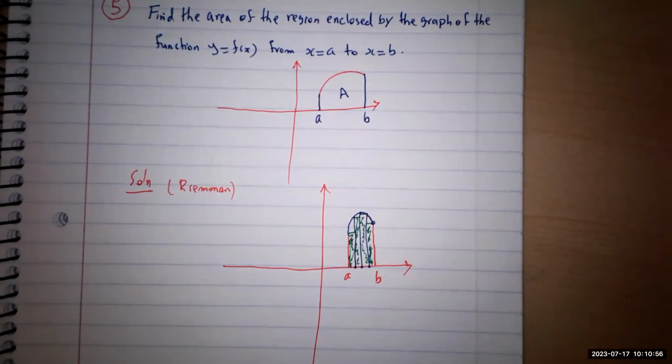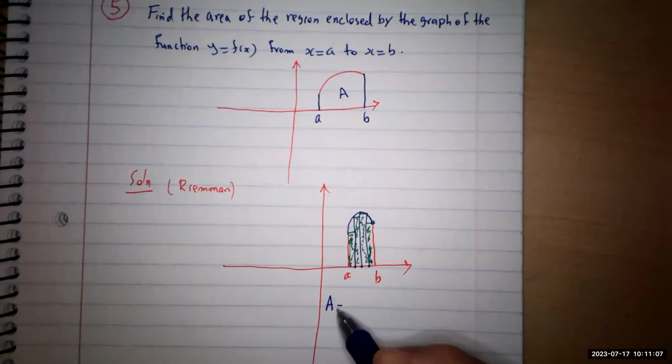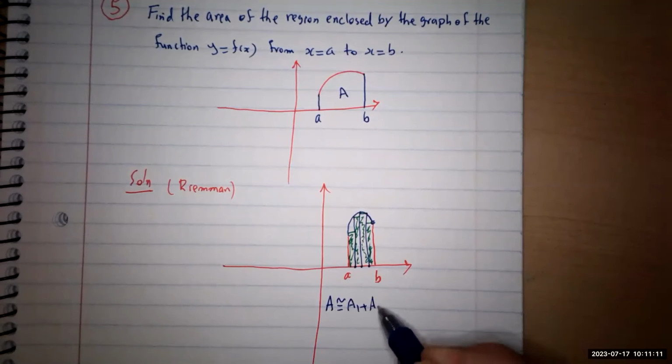So in order to find the area in question, I can find the area of the rectangles inside and add them together. So eventually the area in question is going to be almost like the area of the first rectangle, the second rectangle.